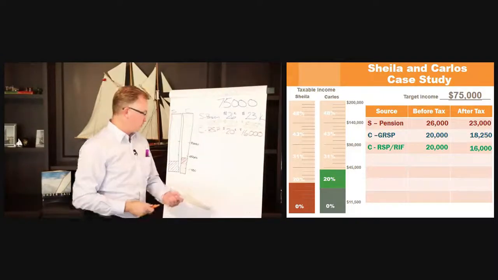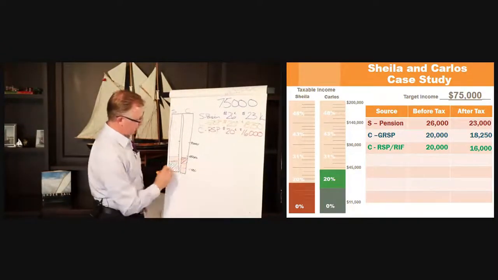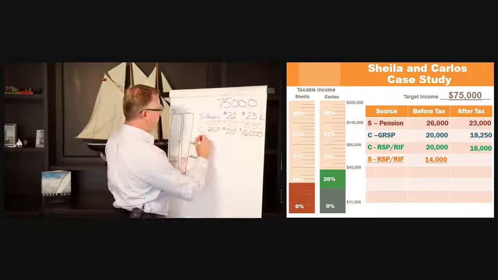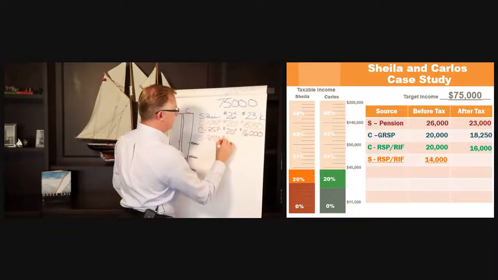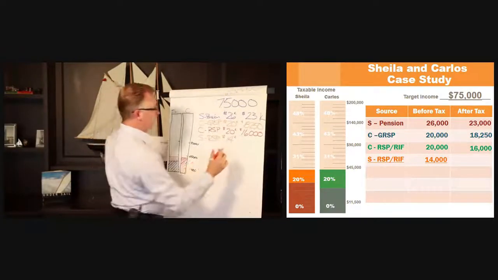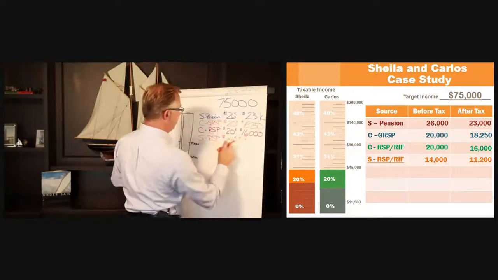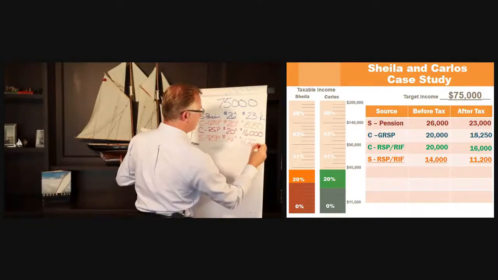So now she's going to take an extra $14,000 from her RRSP to bring her up to $40,000 so that their incomes are level. That gives her an after-tax income, all taxable at 20%, of $11,200.